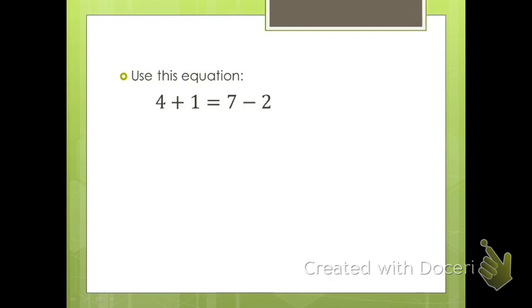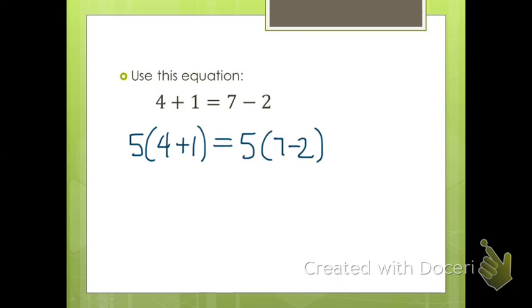Okay, what if I multiplied both sides by 5? So I'd have 5 times 4 plus 1 over here, and I'd have 5 times 7 minus 2 over here. Okay, so this would be 5 times 5, or 25 on the left side, and 5 times 5, or 25 on the right side, which is still a true equation.